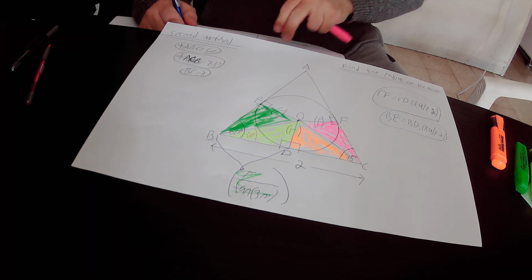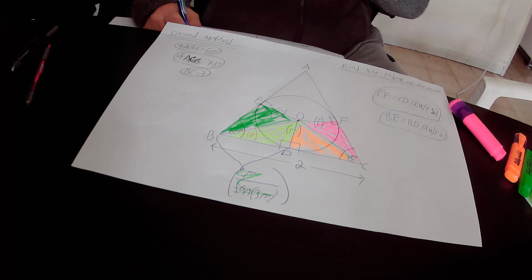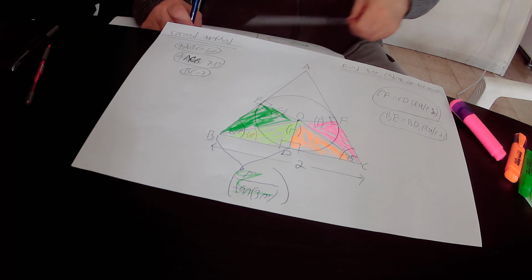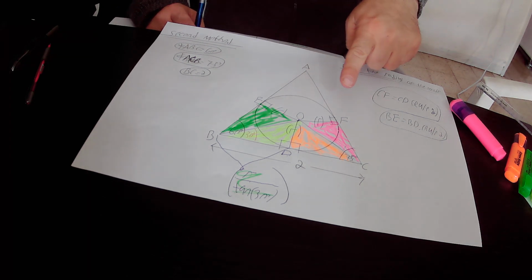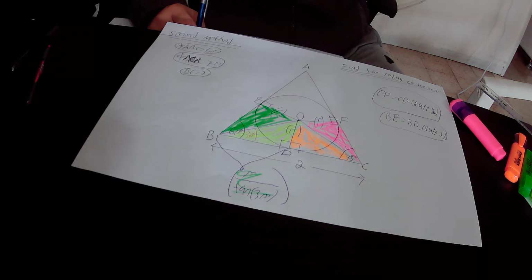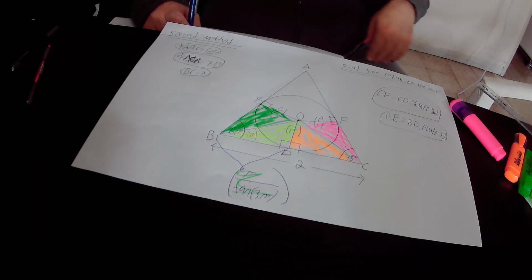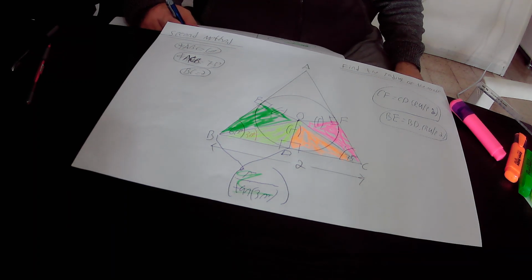So why are those two right triangles congruent to each other? First of all, side OF of the pink triangle equals side OD of the orange triangle. They are both the radii of the circle, therefore they are equal to each other.